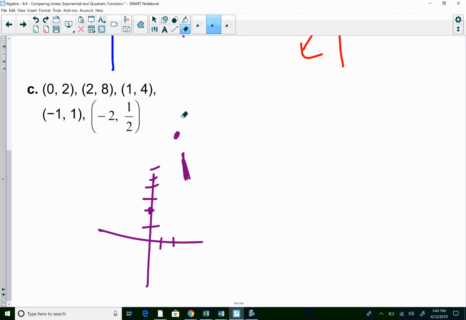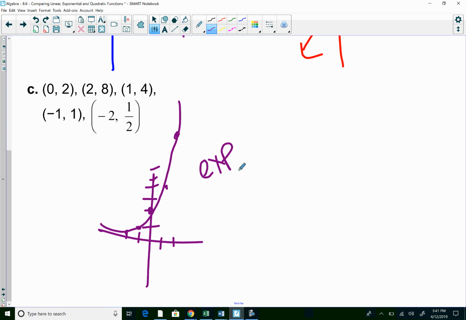And then we've got 1, 4. And then I've got negative 1, 1. And then negative 2, 1/2. Just following that general trend line, this is going to be in that exponential form. All right. Quick and easy.